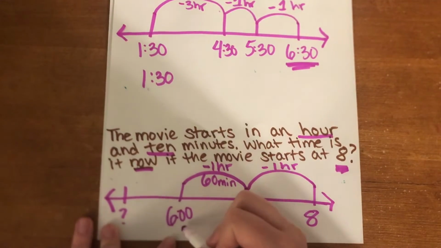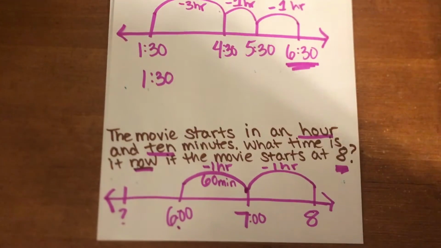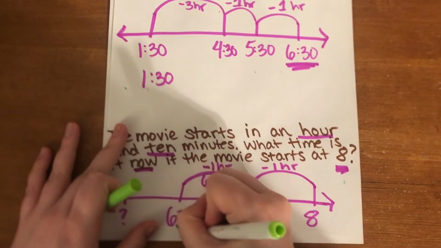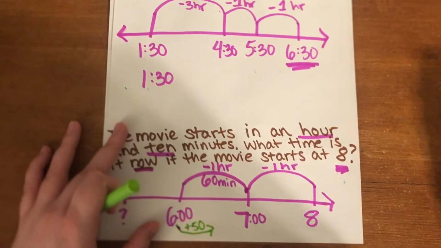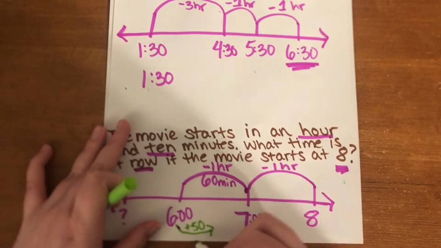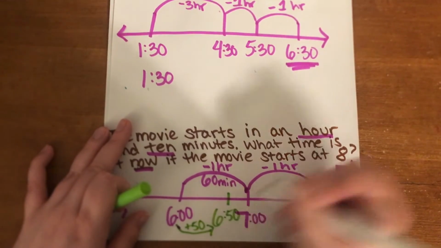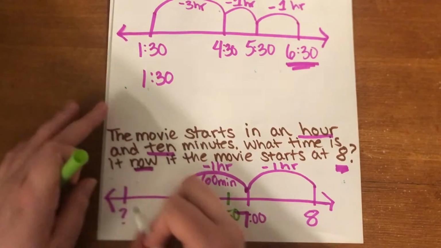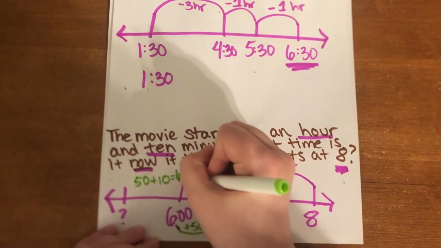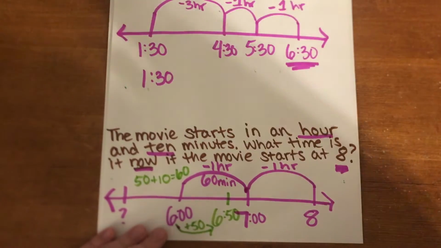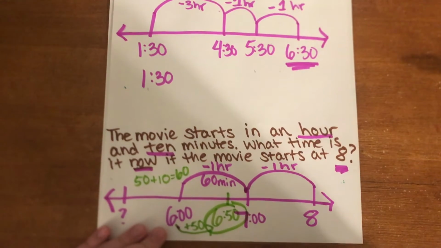So we'll count forward. I'll do another color. We could count forward 50 minutes, because that would be like taking away that 10. So then it would be 6:50, right? 50 plus 10 equals that whole 60 minutes. So it would be 6:50.